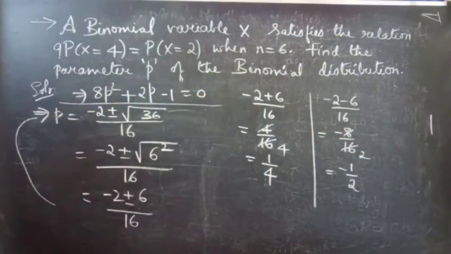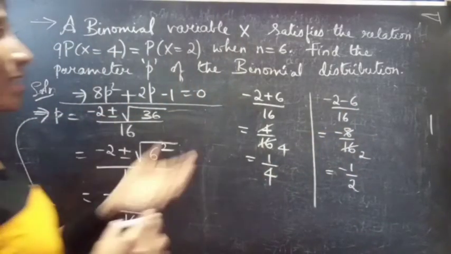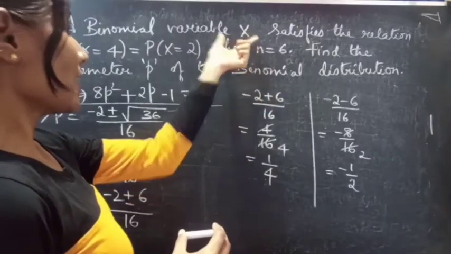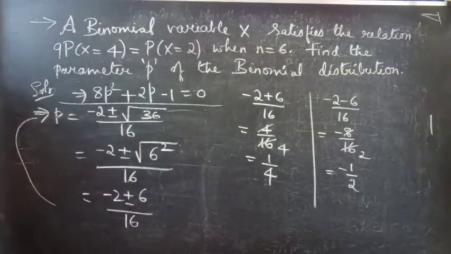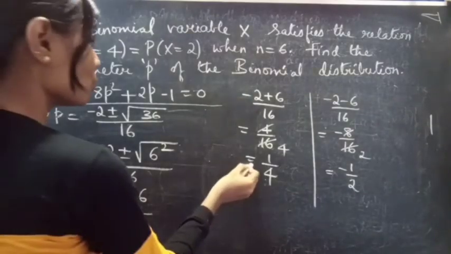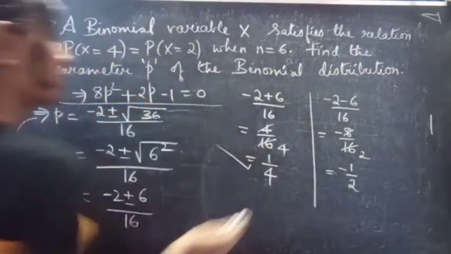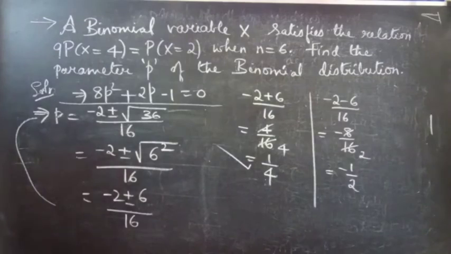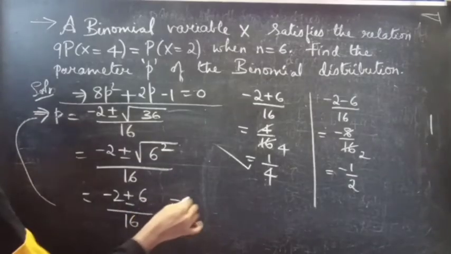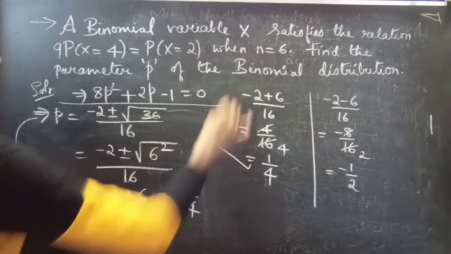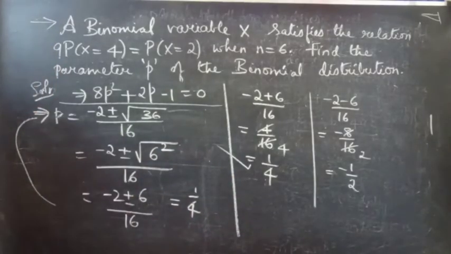Since we know that in the binomial distribution, the binomial variable x takes only non-negative values, here we can take p equals 1 by 4, since minus 1 by 2 is negative, but we need only positive values. So the answer p will be 1 by 4.